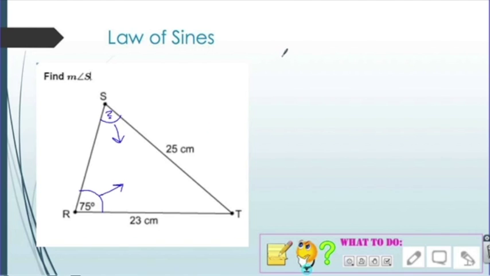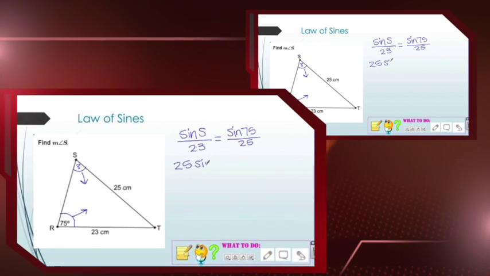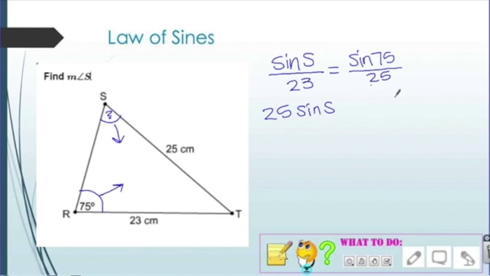So my proportion will look like this: the sine of my unknown angle S over the length of the opposite side, 23, is equal to the sine of my known angle R, which is 75 degrees, over the length of the opposite side, which is 25. Cross multiply, and now solve.